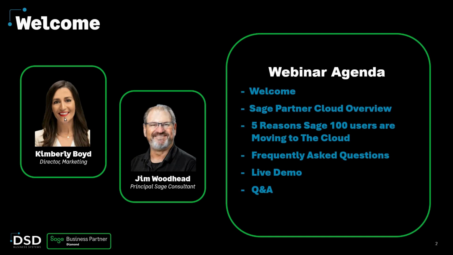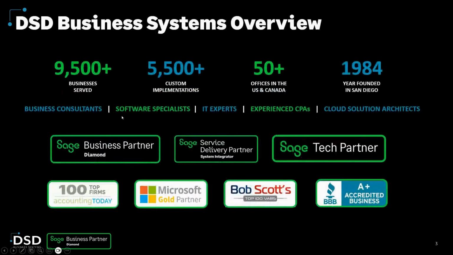Great, thank you. Welcome, everyone. I'm going to talk about our Sage Partner Cloud, as Kimberly said. So let me go ahead and go to our first slide here. We've been doing Sage 100, Mas 90 for a long time. We got started back in the 80s, and we've done about 9,500 businesses.